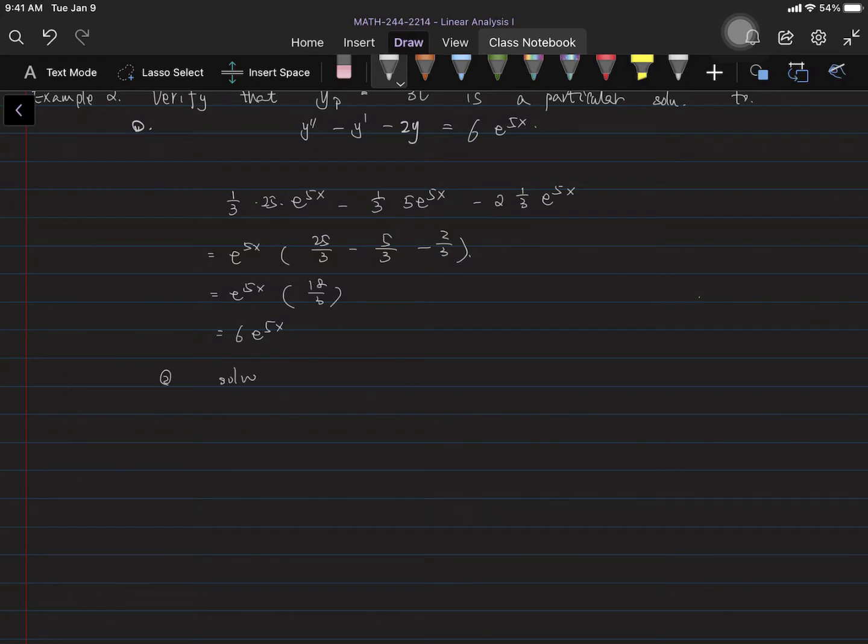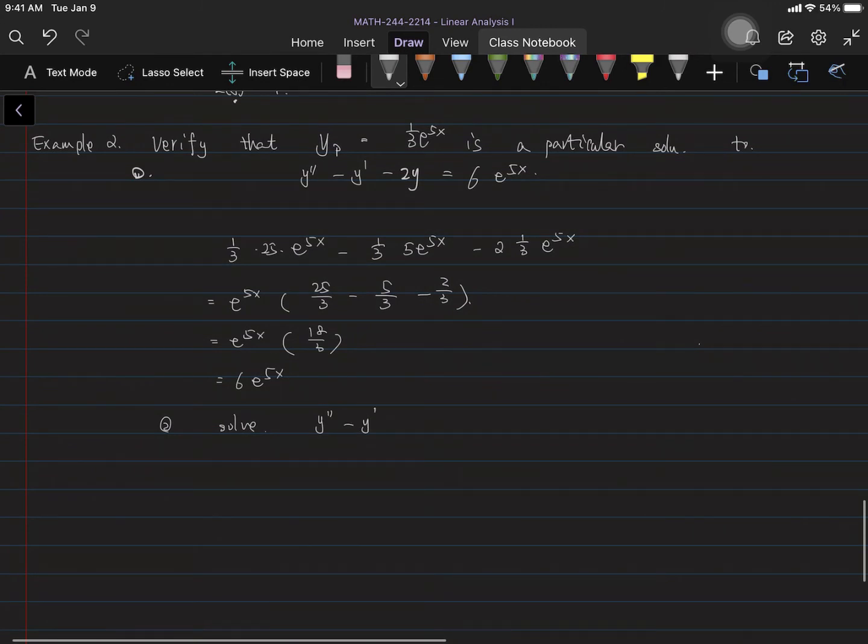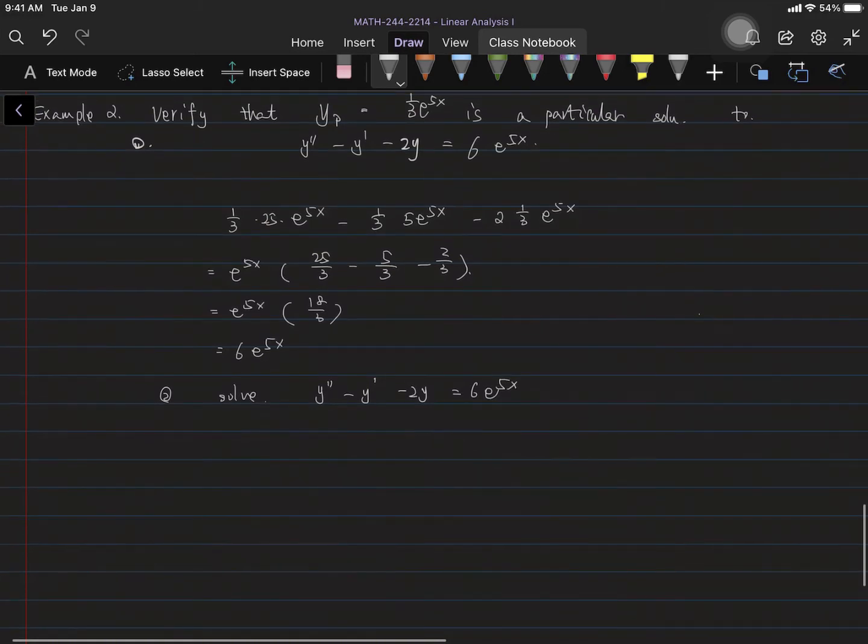If we want to solve this differential equation, y double prime minus y prime minus 2y equals 6 e to the 5x, by using theorem 2, what's the general solution? The general solution should be the homogeneous solution, c1y1 plus c2y2, plus the particular solution, right?